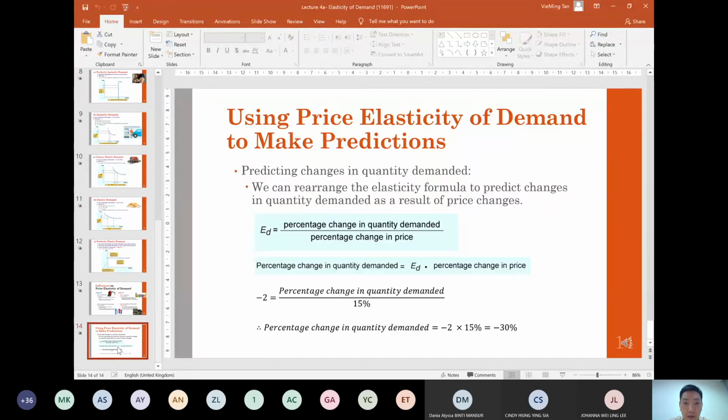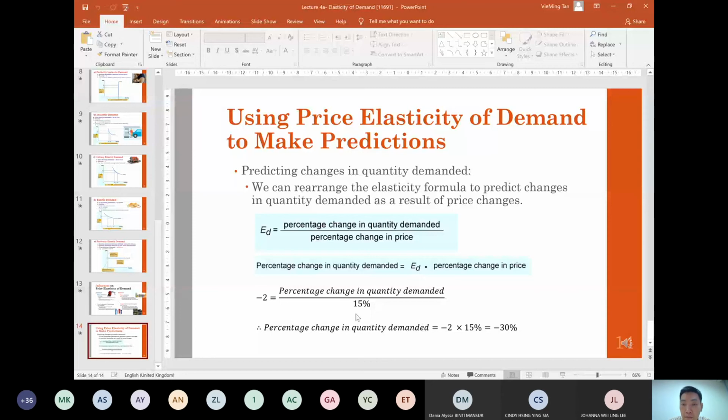Okay, this slide is to test whether you know how to use the original formula to calculate the percentage change in quantity demanded. Assuming we already know the price elasticity of demand is -2, we just substitute -2 into the formula. And the percentage change in price is also given, 15%.